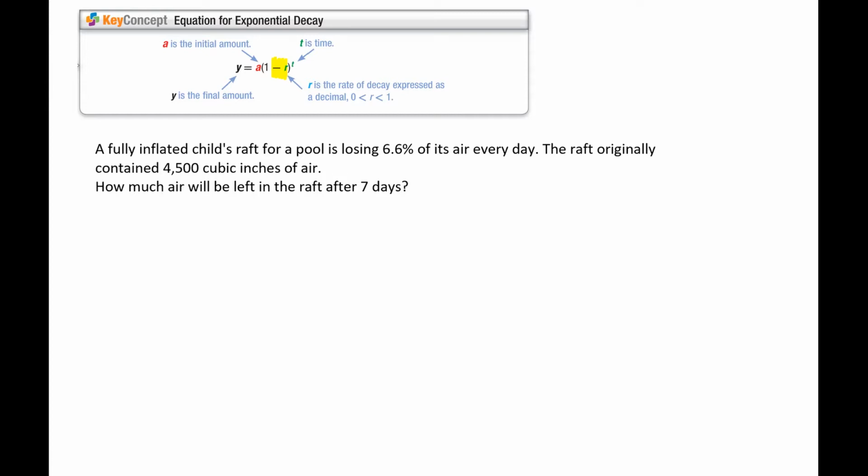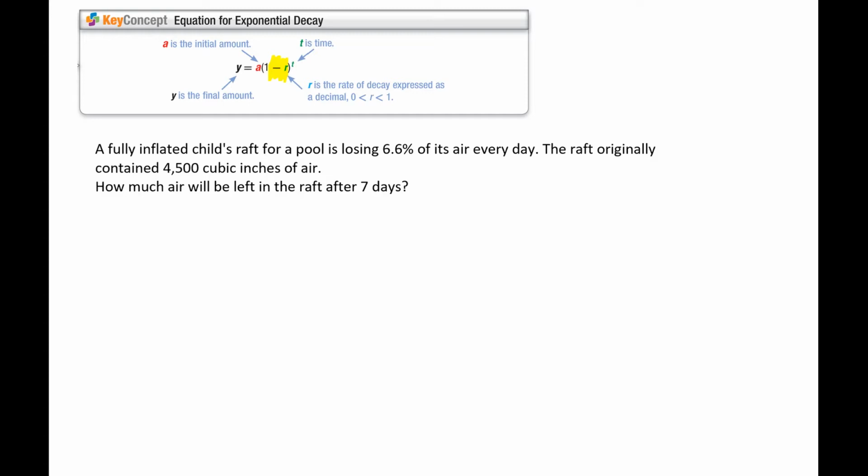If you lose an amount according to a percentage, exponential decay. If you gain something by an amount, exponential growth. And it makes sense that we have a minus because we're decreasing, so let's subtract that rate at which we're decreasing. In the other problem, we're gaining something at a rate, so let's add that. So that minus sign is our only difference.